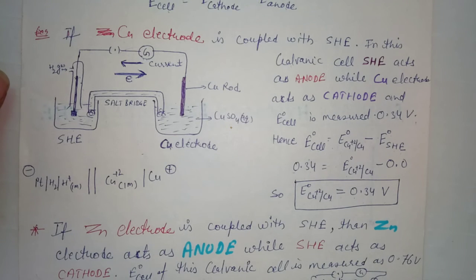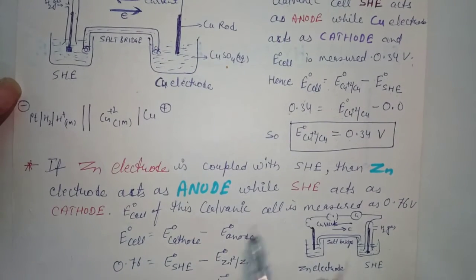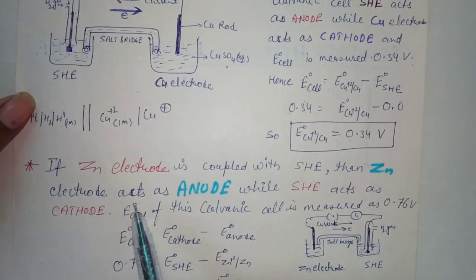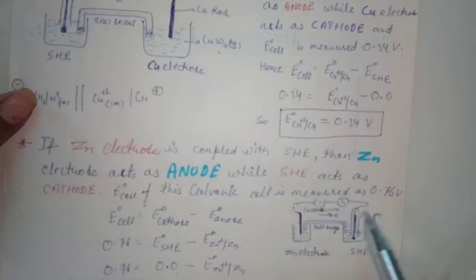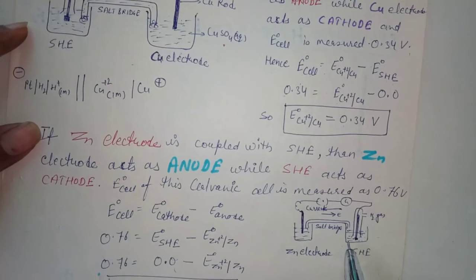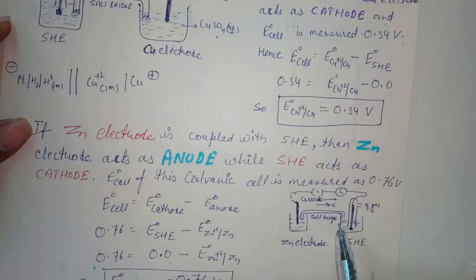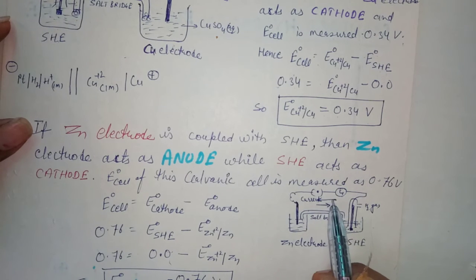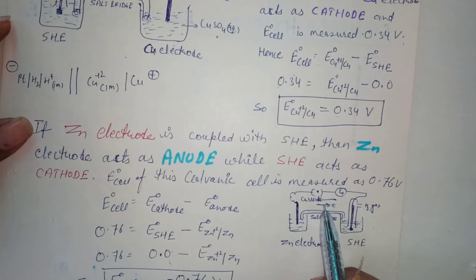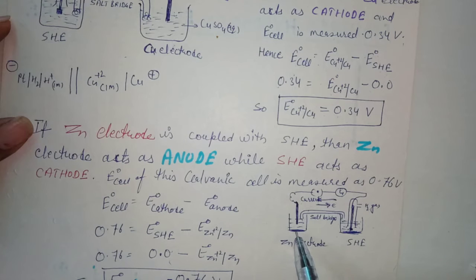One more example with a zinc electrode. If the zinc electrode is coupled with SHE, then the zinc electrode acts as anode while SHE acts as cathode. How? This is the zinc electrode and this is SHE. These are connected by a salt bridge, and this is the key, and this is the galvanometer. In this cell, current flows in this direction, electrons in this direction. Current flows always, I have told you that, from cathode to anode, which means this SHE is acting as cathode while the zinc electrode is acting as anode.